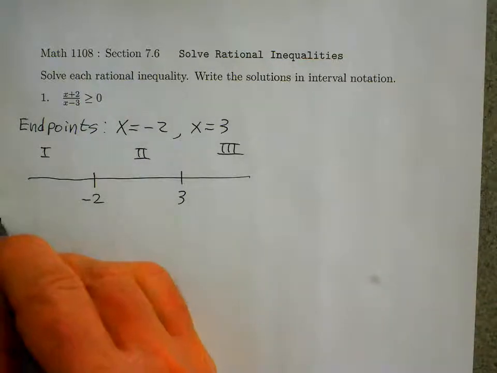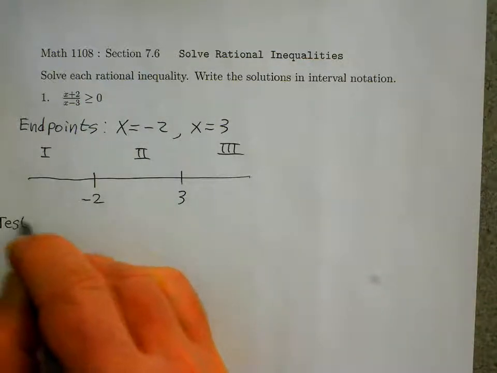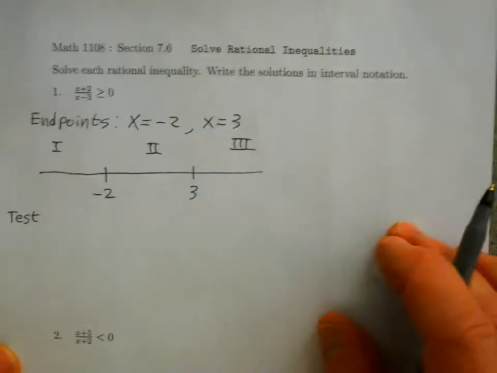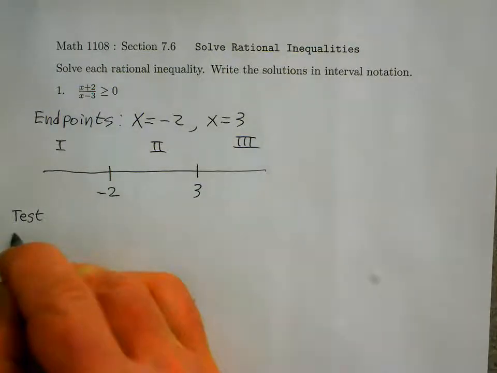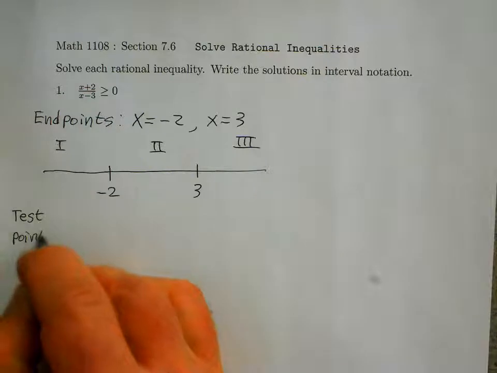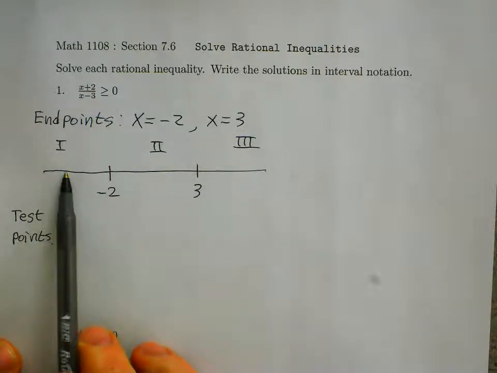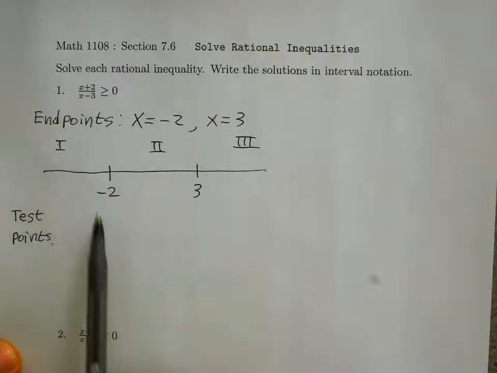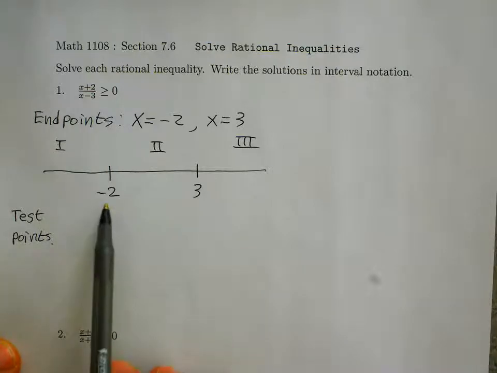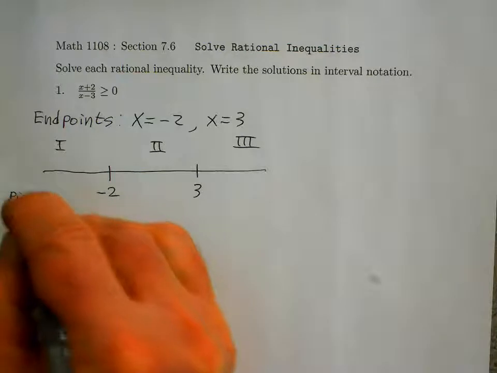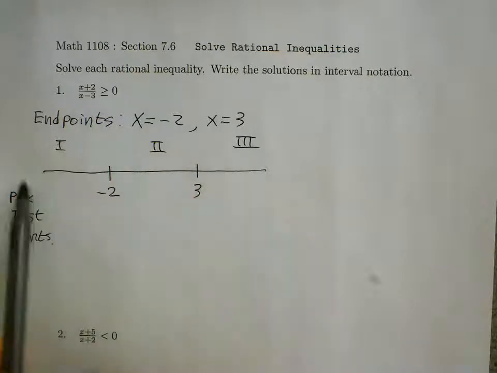Okay, so I'll just make note of what we're doing here. We're going to pick test points. In the first interval on the left, we can pick any number that we want that's less than negative 2. There are infinitely many to choose from.